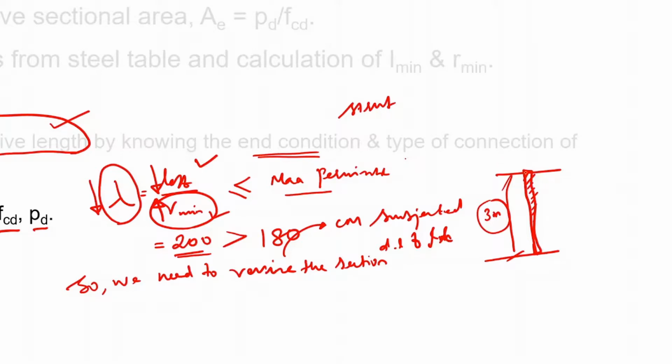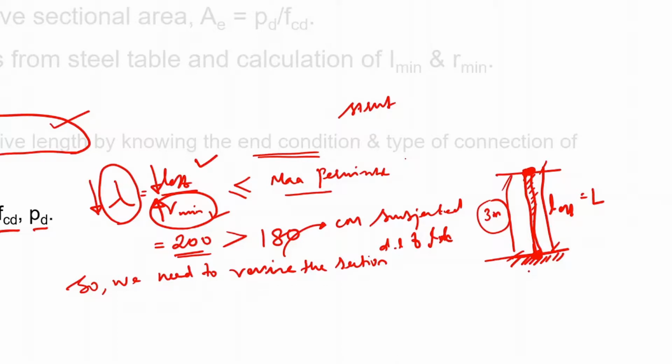Suppose initially the column is pinned, then the effective length is equal to the total length. So if this is the total length, suppose instead of pinned, you change it into fixed, at least one end fixed and the other end pinned.